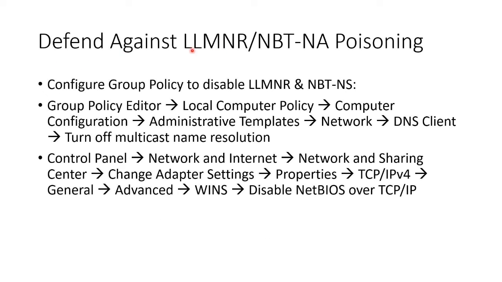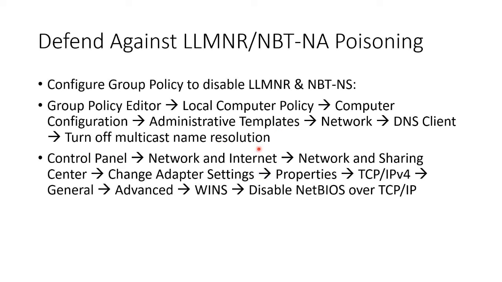Turn off LLMNR and NBT-NS services, which means your DNS had better be working. We can see in group policy, you can go to the group policy editor, go to the local computer policy, go to computer configuration, administrative templates, network, DNS client, turn off multicast name resolution.